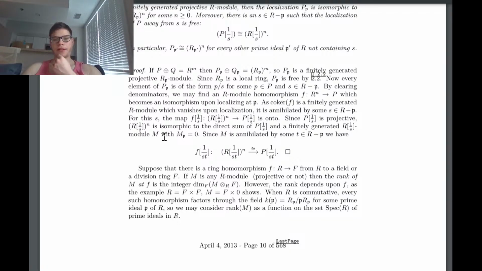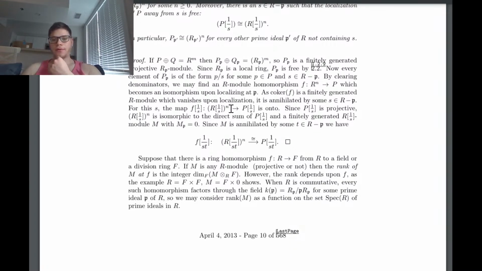So for this S, this map is onto, but since P_1 of S is projective, there is a splitting. But when you localize at P, you get 0, but M is annihilated by some T, so you take this ST, and then you annihilate the direct sum, and you get that this map is onto. Why is this map onto?